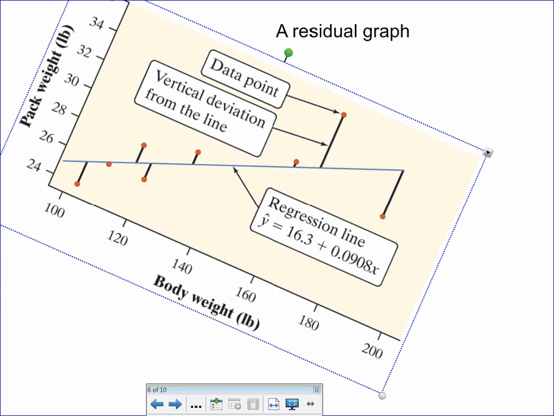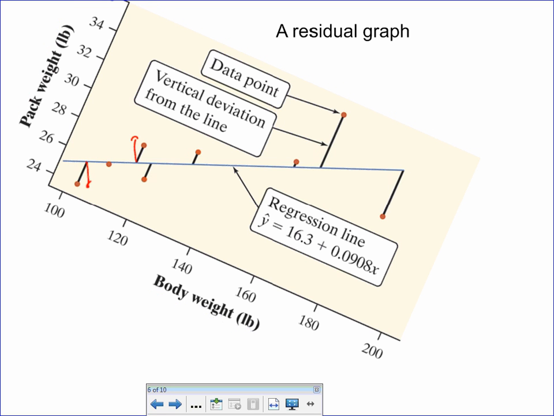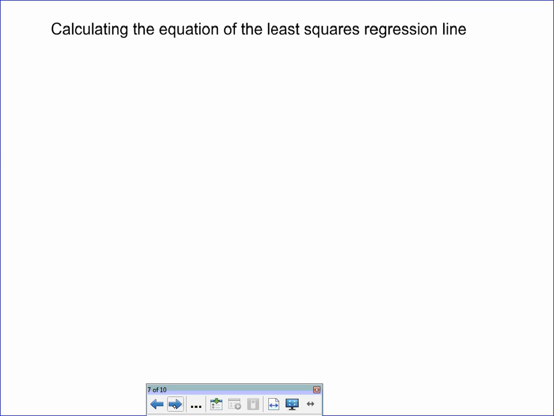We'll talk about this later in the year, and we'll show you how to do this on your own. This isn't exactly right, but we're getting the general gist of the graph here. And so you would see these points, and that would be your residual graph. Patterns in the residual graph are bad. We don't ever want to see patterns in the residual graph, and we will get into that later on in the unit.